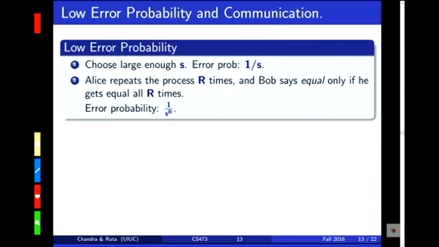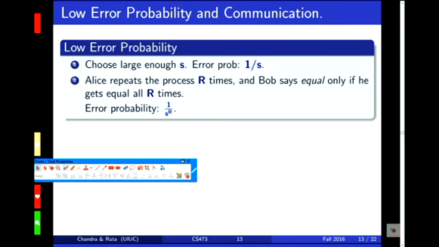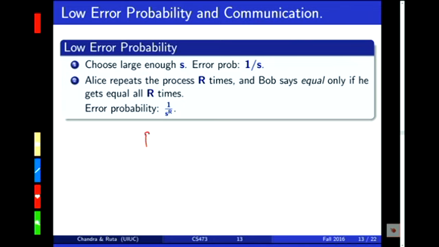Alice samples P1, the first prime, computes H_P1 of x and sends P1 and H_P1 of x. Then she samples P2, sends H_P2 of x, and so on. And she does this, say, 10 times before hearing back anything from Bob.